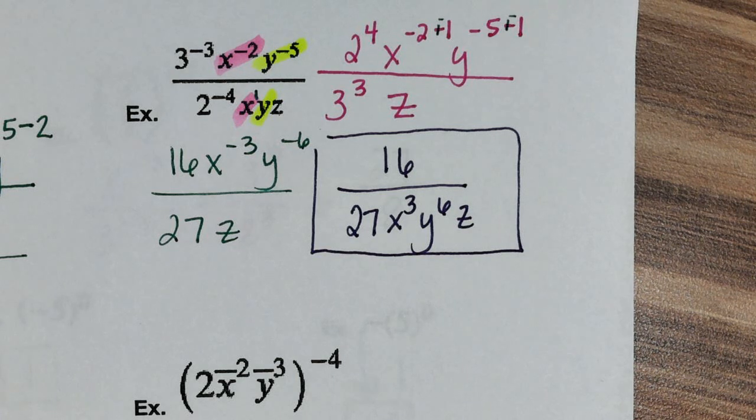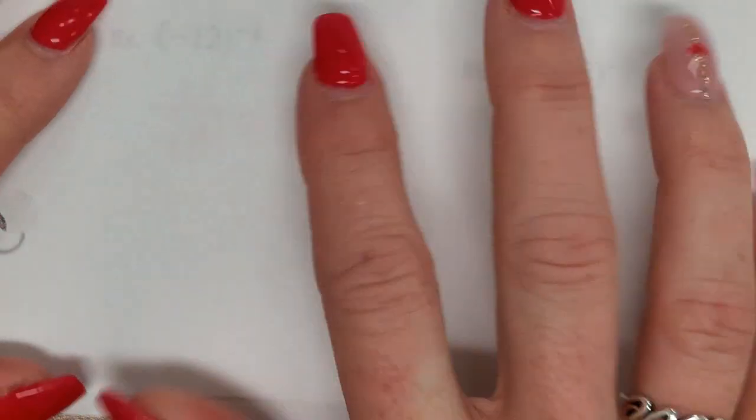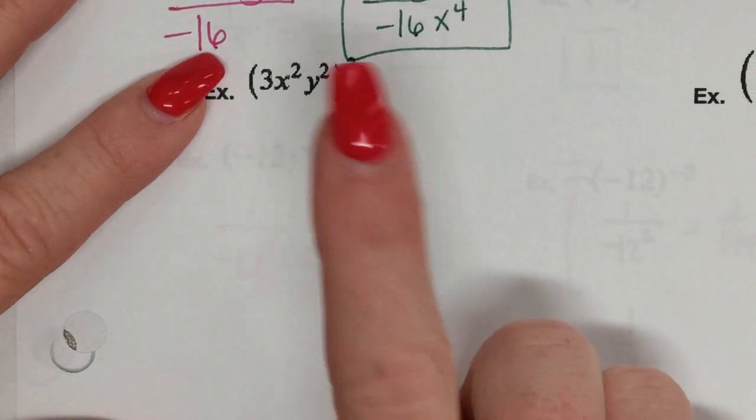How'd we do? These are the more challenging ones, so if y'all are getting these, you're doing great. All right, let's try this one. I'm going to let y'all think about it and try it on your own. I will do step 1 on the board, but don't look till you're ready.